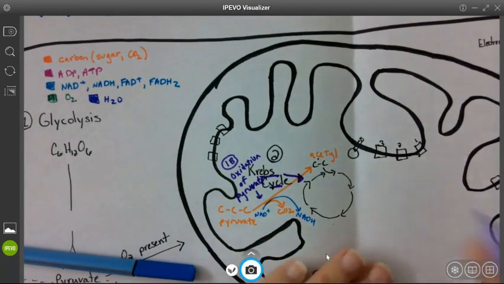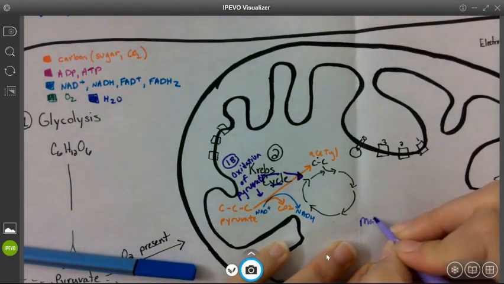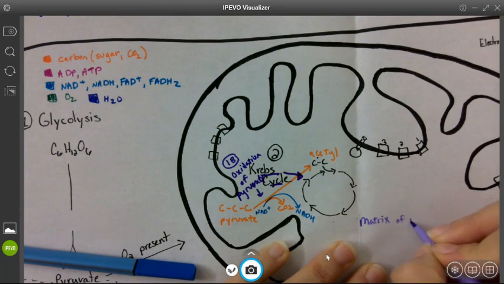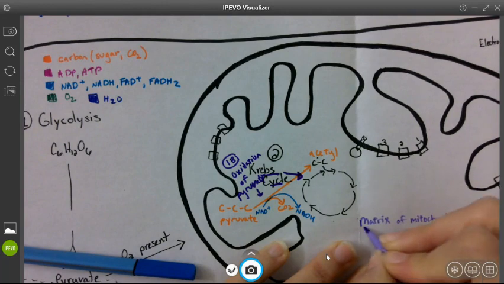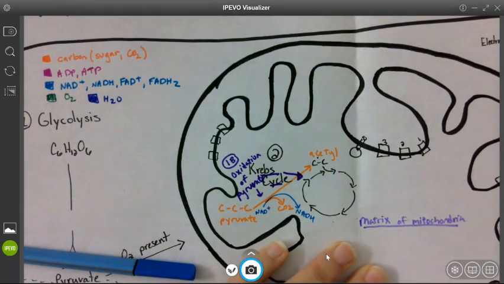So just a quick note about the matrix of the mitochondria, and a quick reminder of form and function.